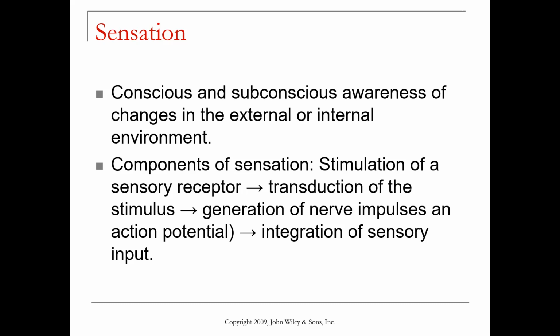That's a subconscious awareness. You don't have to stop and think when you're running up a flight of stairs, oh, I better breathe faster now because I'm generating more carbon dioxide in my skeletal muscles as I oxidize glucose. So therefore, I better get rid of that CO2 coming from the Krebs cycle. I don't think any of us will do that. But that's what's going on. You breathe faster to get rid of carbon dioxide. That is a subconscious awareness of a change in the internal environment.